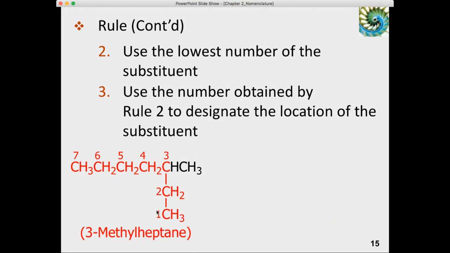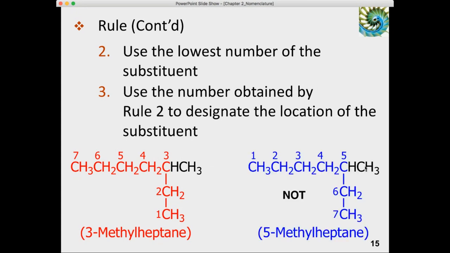So basically, if we assign the number 1 to this end here, 1, 2, 3, the methyl group will be attached to carbon 3. But if you were to assign number 1 to the other end, then the methyl group will be in carbon 1, 2, 3, 4, 5. Because we want to always assign the lowest possible number to the substituent, we will assign the number 1 to this end over here. Once we have assigned numbers, we just need to name the compound. So we know in position 3 there is a methyl group, so this compound will be 3-methylheptane, which is the parent name.